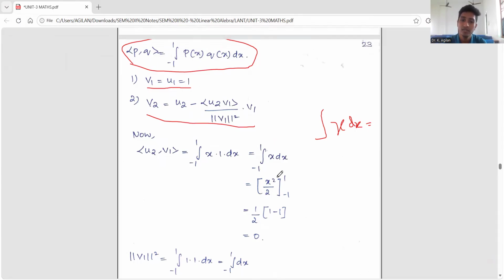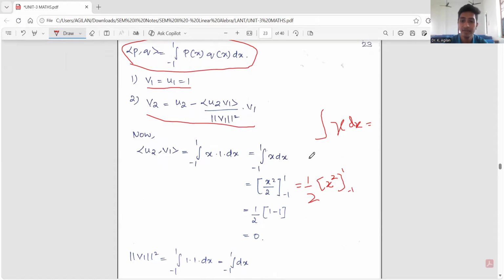So substitute the lower limit and upper limit. Take 1 by 2 as common and substitute upper limit minus lower limit. So what will be the remaining? 1 by 2 common, we just take it out, and then the balance is x squared, with the lower limit -1 and the upper limit 1.